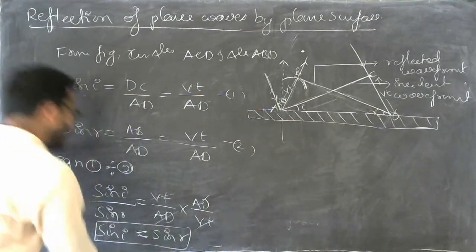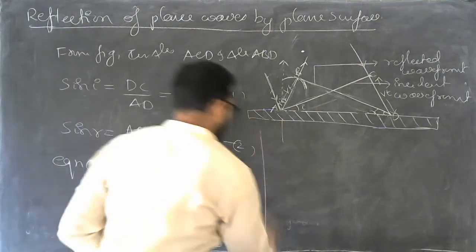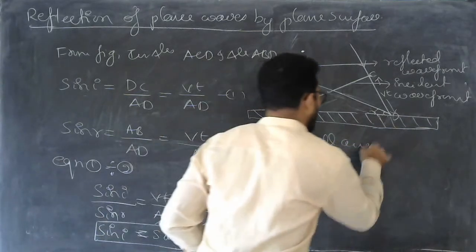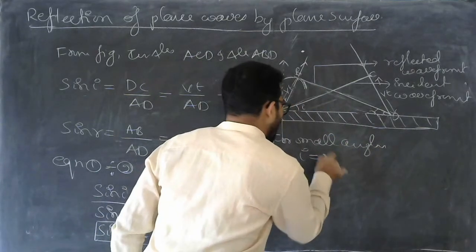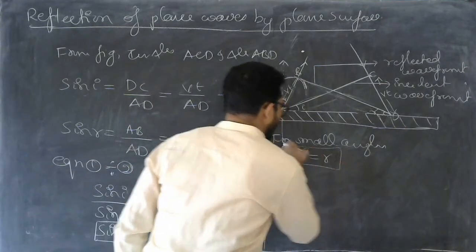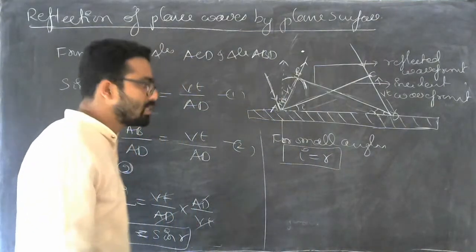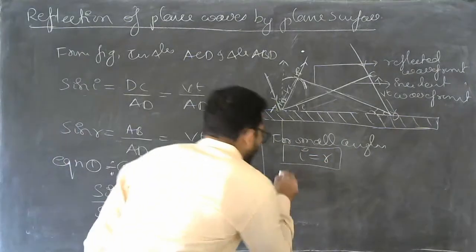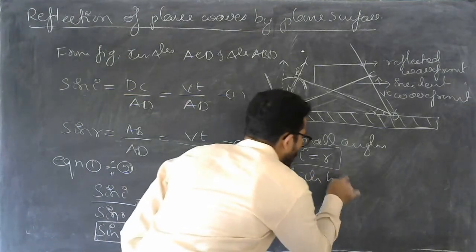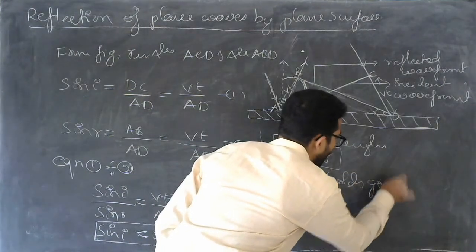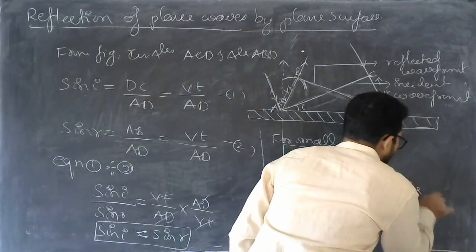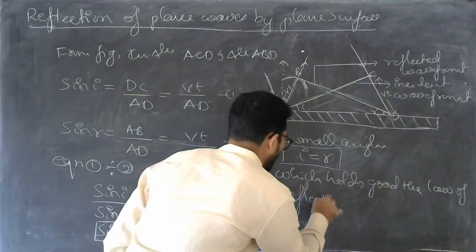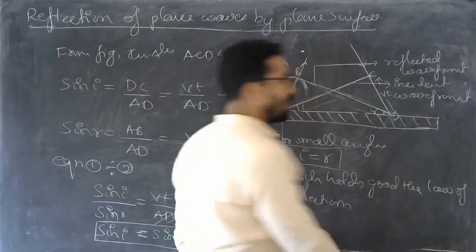So sine I is equal to sine R. For small angles, I is equal to R. Hence, what we have proved is that the angle of incidence is equal to the angle of reflection, which holds good the law of reflection.